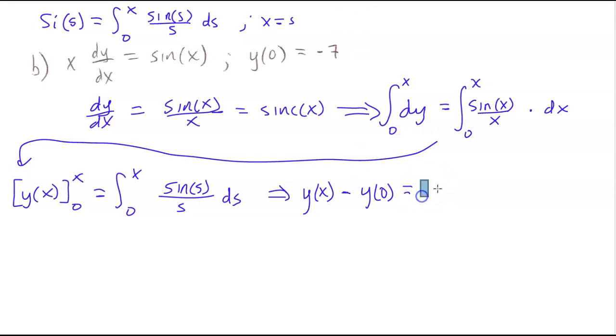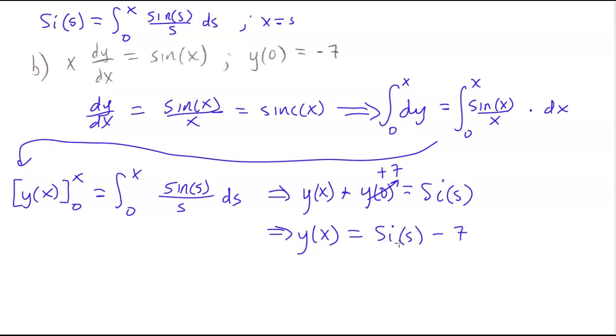All right, so this would be sine integral of s. And of course, here we know that y of 0 is just -7. And so here, negative times a negative gives us a positive. And then if we subtract 7 from both sides, we'll basically get Si of s minus 7.